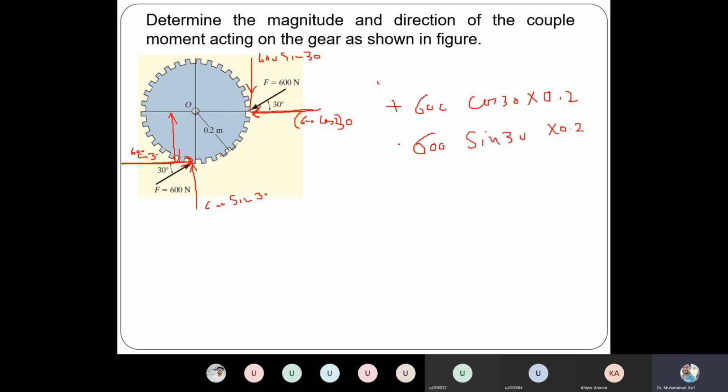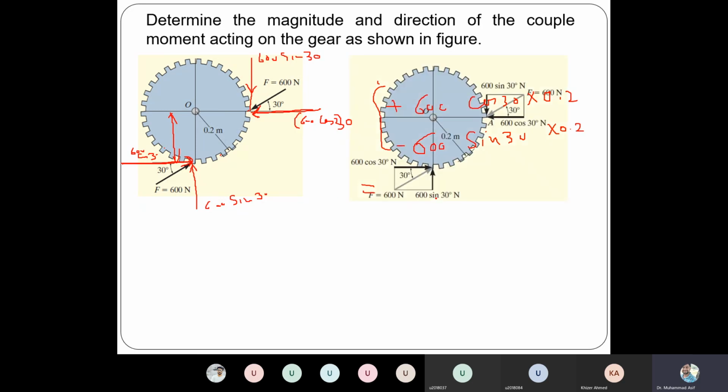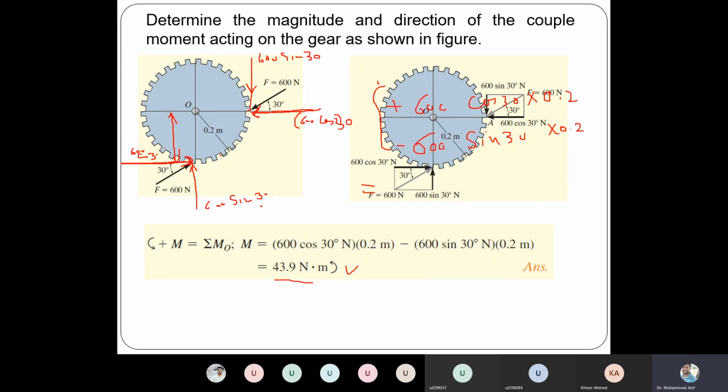If you add them up, that gives you the total couple moment. Simplifying, the answer is 43.9 Newton meter. Since it is positive, the overall couple moment is in the counterclockwise direction. So you got the idea?